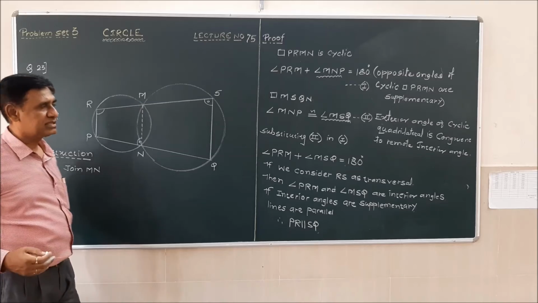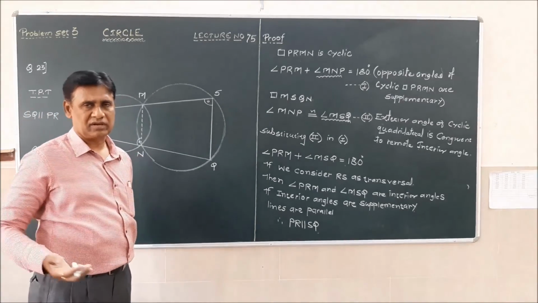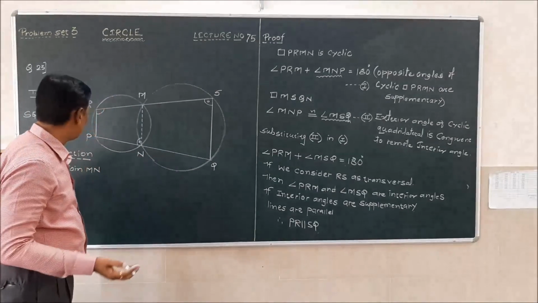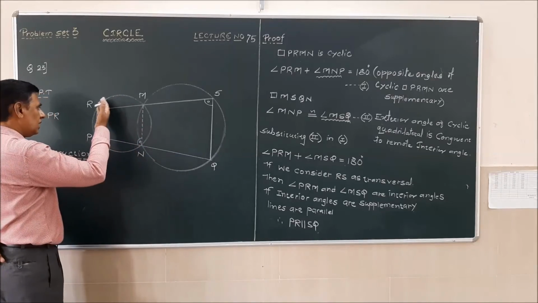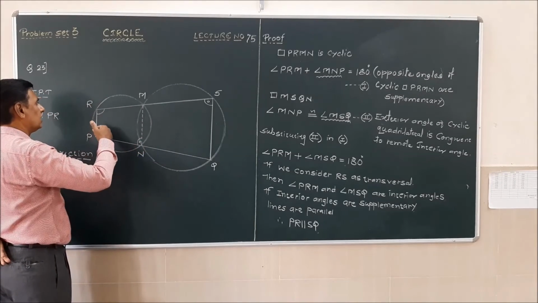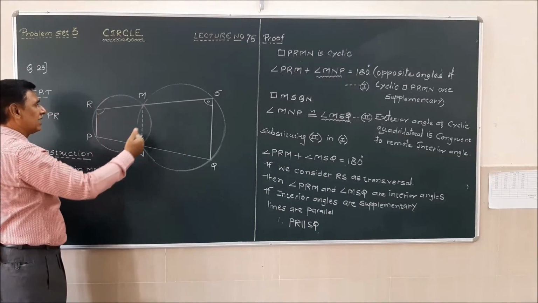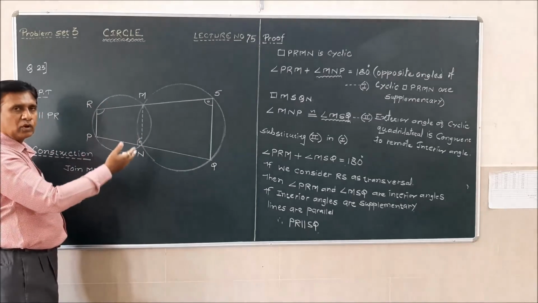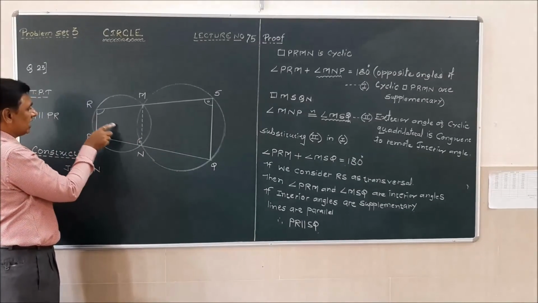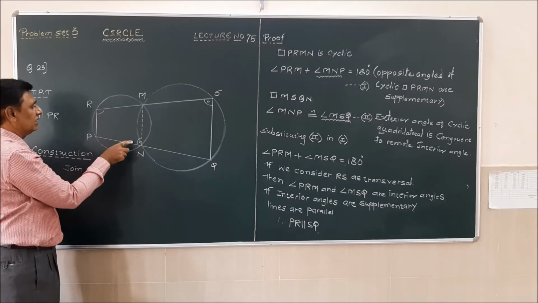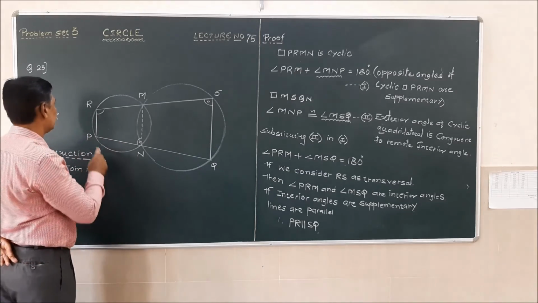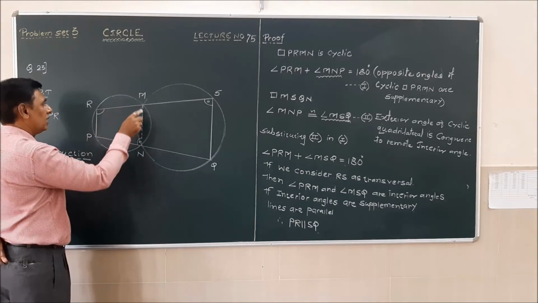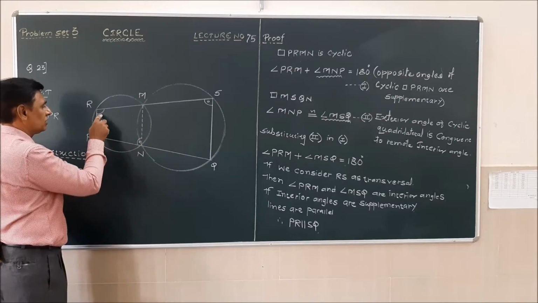This is very simple stuff. This may carry a few marks only. So what you have to understand: first of all, quadrilateral PRMN is cyclic with respect to the smaller circle, so opposite angles of a cyclic quadrilateral are supplementary. Therefore, angle PRM plus angle MNP is equal to 180.